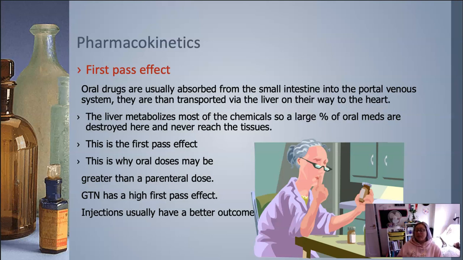So when we're thinking about dosages, this is why an oral dose may be greater than a parenteral dose. An example of that again might be paracetamol. The traditional dose for an adult is 1 gram of paracetamol.